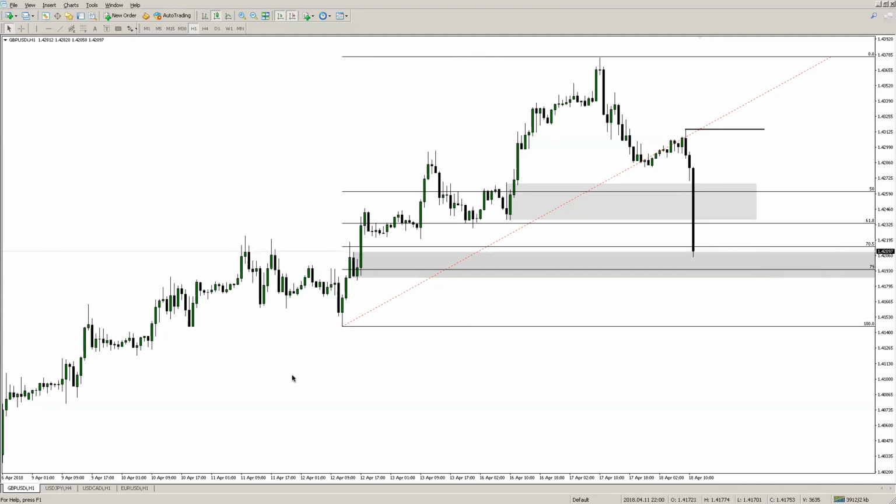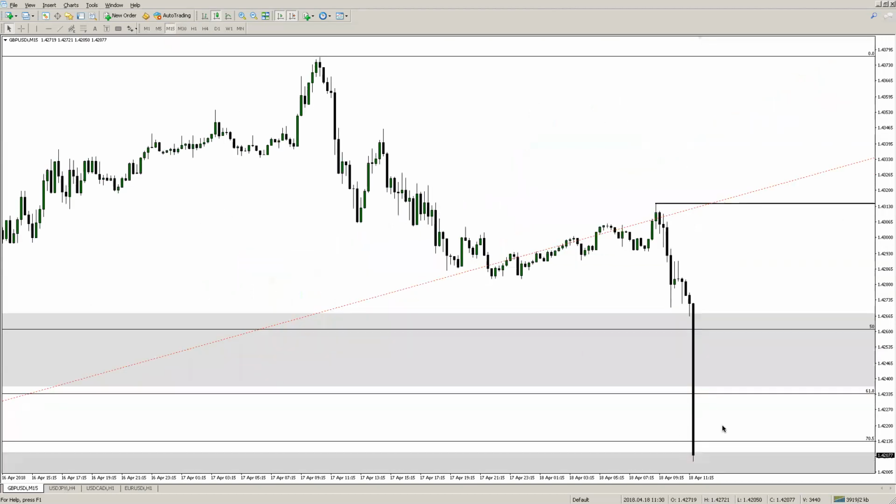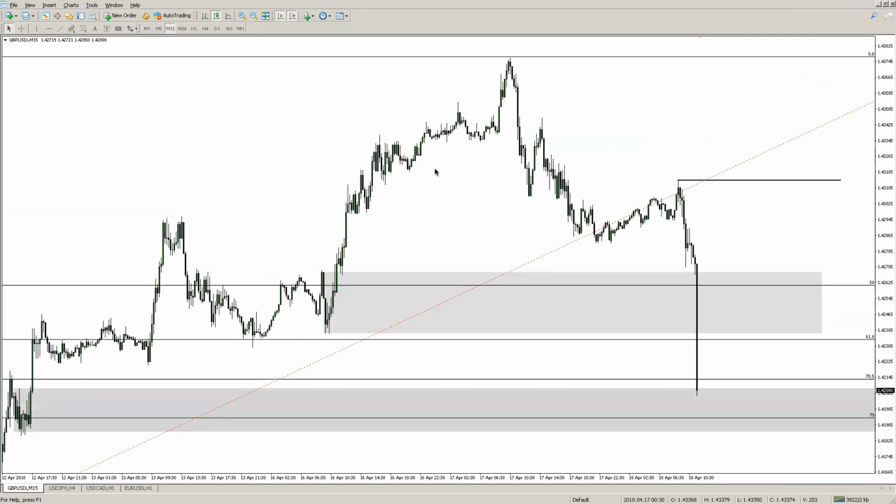So let's go over what an ICT bearish order block is while we're still waiting for that. Just to clarify if anybody's just joining, I'm waiting for GBP USD to confirm to me that the buyers are in the marketplace before going long this pair. As of right now, there's no indication to go long because this is just a strong bearish candle down.